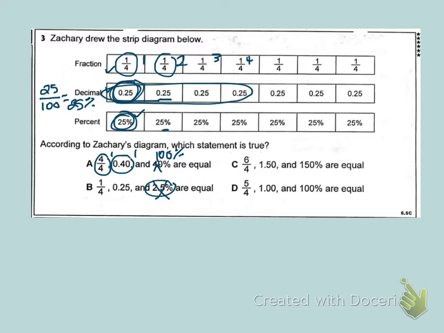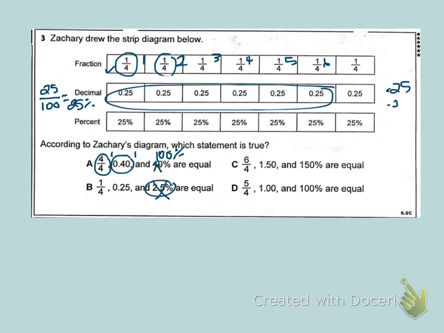And then it's 2.5%. No, it's 25%. Okay. If you have 6/4, so that's 4, 5, 6. Okay, so that's all of these. Okay, so is that 1.5? So we're at 25, 25, 25. Well, here's 4 quarters, so that's $1. And then we have 2 more to go. What's 25 plus 25?